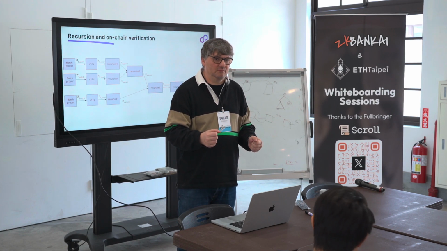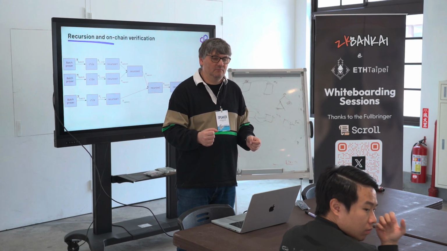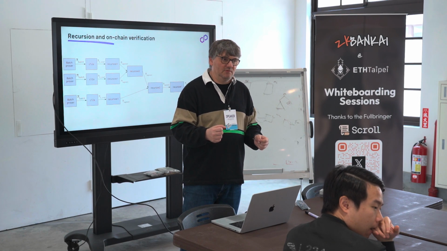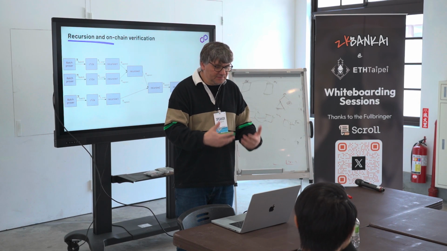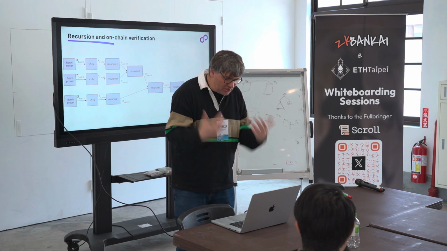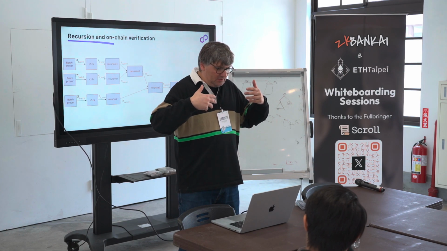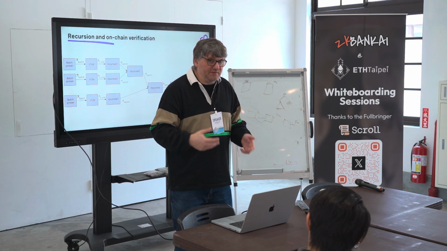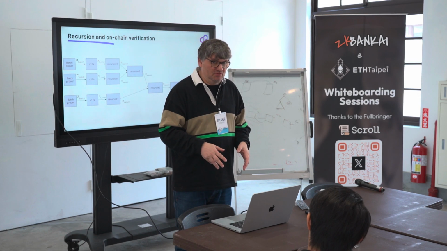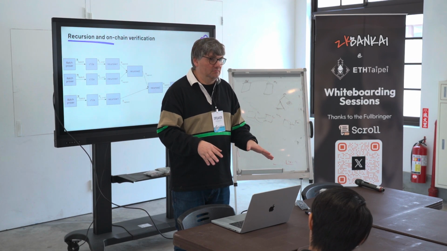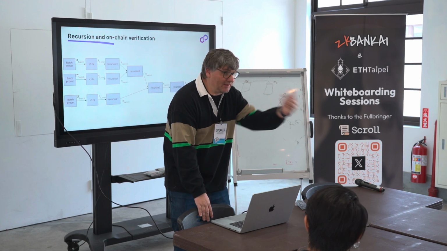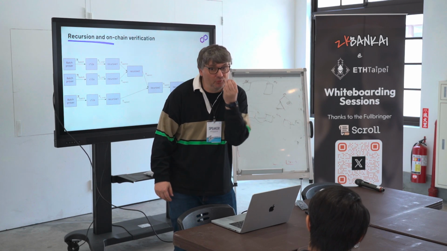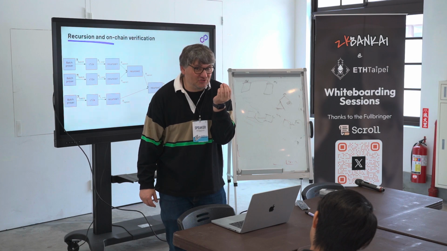So the design, the specification, is that you will always be able to generate a batch, always. You can put random data, you can put malicious data, you can put whatever transaction.